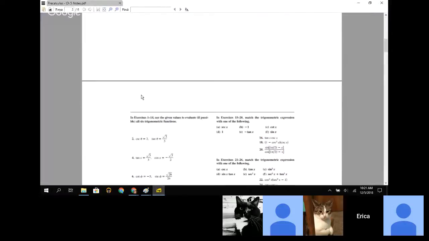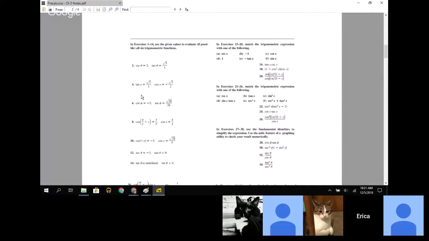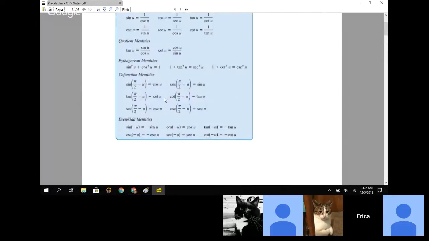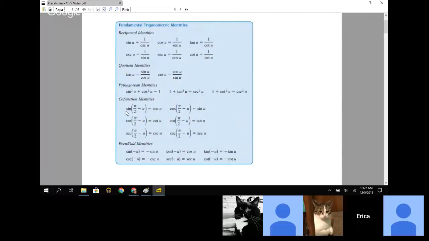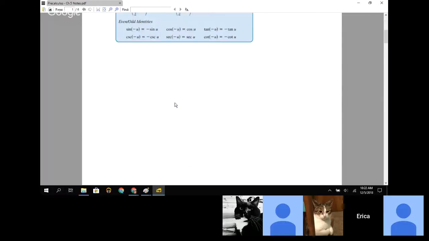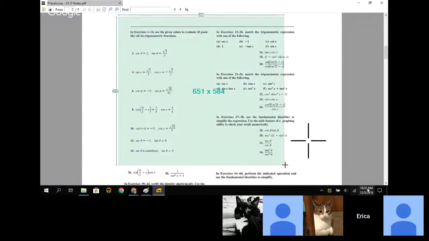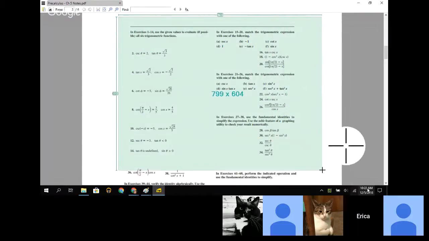When you're doing your homework, keep these in mind. We're just going to go through a bunch of these and see where we get, right? Just looking at how I organize this, it's kind of weird on your paper.